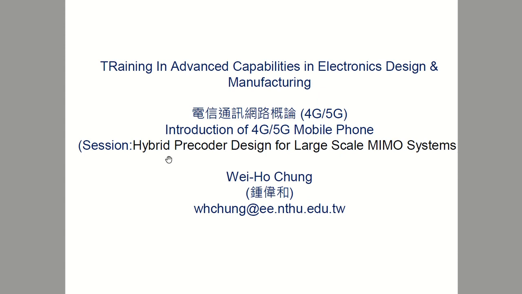Okay, so now let's go one step further to the hybrid precoder design for large-scale MIMO. As we mentioned in the previous slide, we have this multiple antenna system. We need to perform MIMO, and we also like to perform multiple stream transmission at the same time.